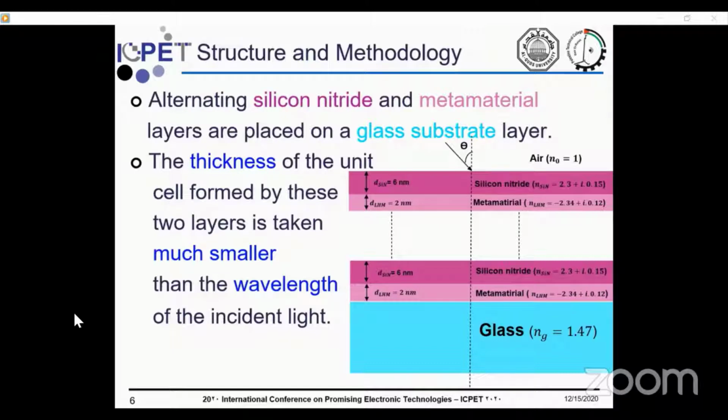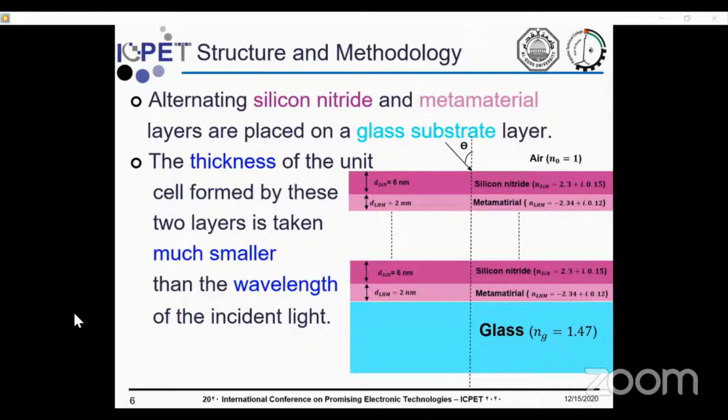So we used this alternating silicon nitride and metamaterials in periodic, repeating structures. As you can see here, metamaterials, silicon nitride, in the periodic layers, we use silicon nitride again for this unit.